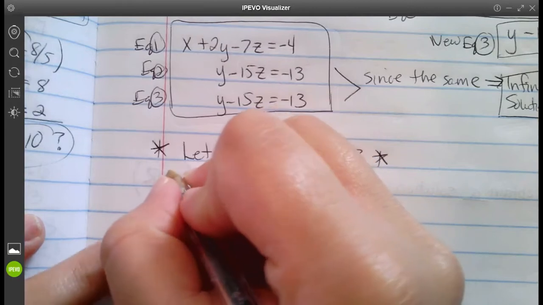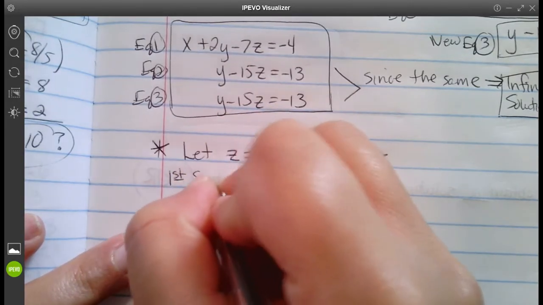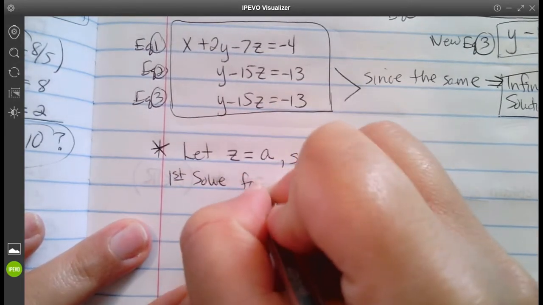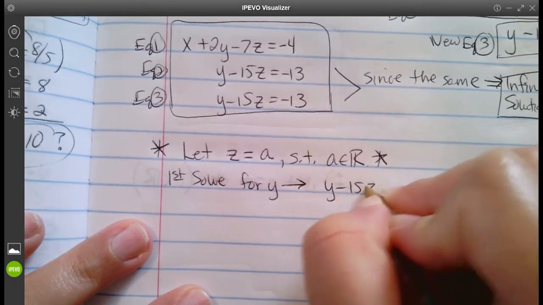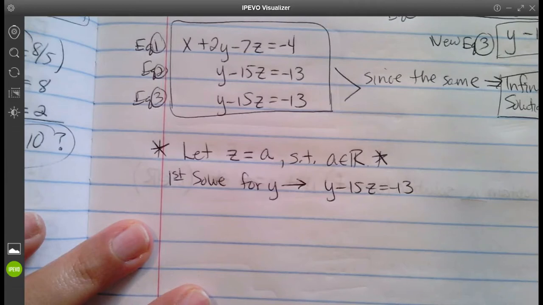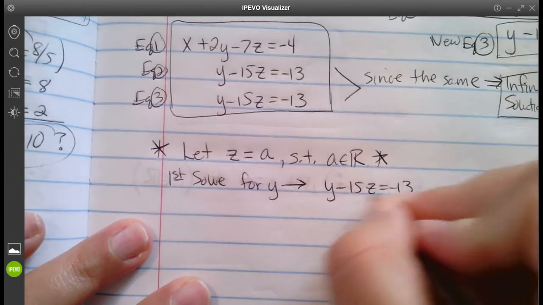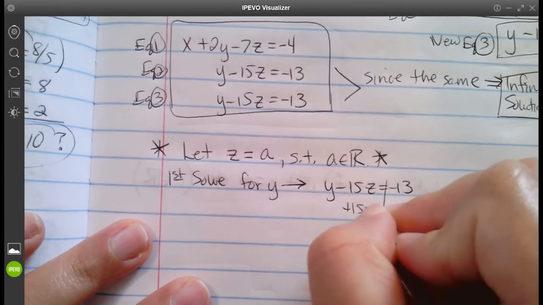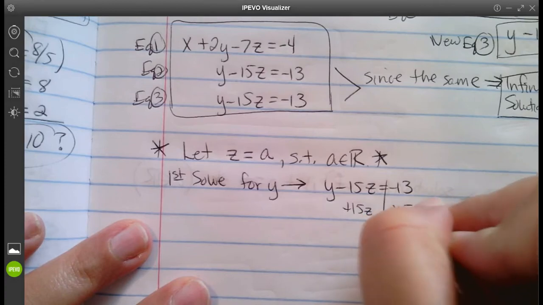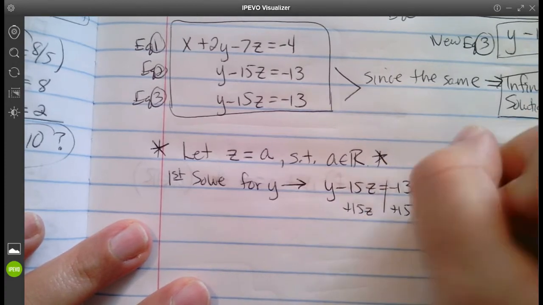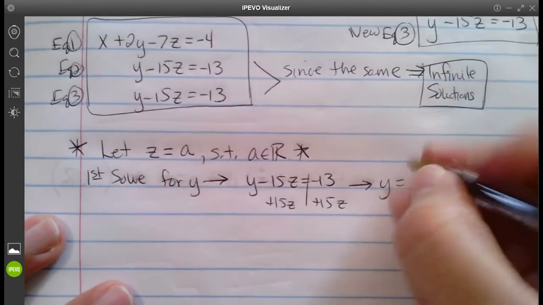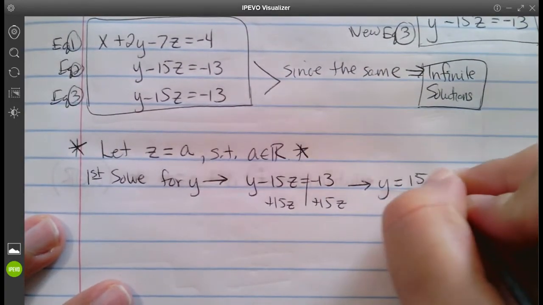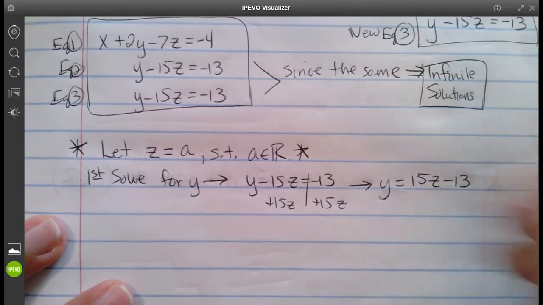So first, solve for y. So y minus 15z equals negative 13, just because it makes it easier to plug stuff in. Okay, we would add 15z to both sides. So y is going to be equal to 15z minus 13.